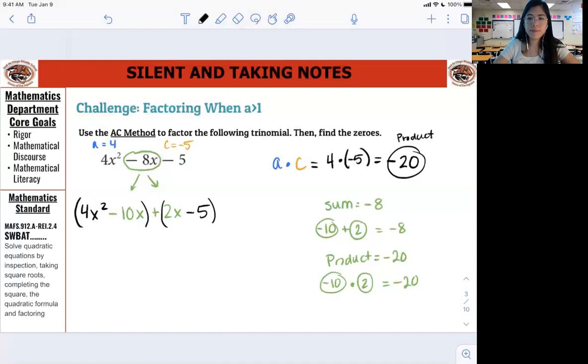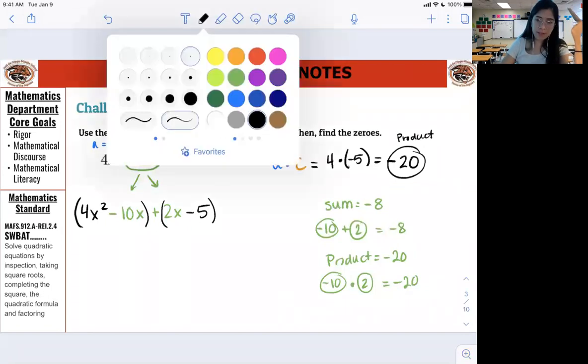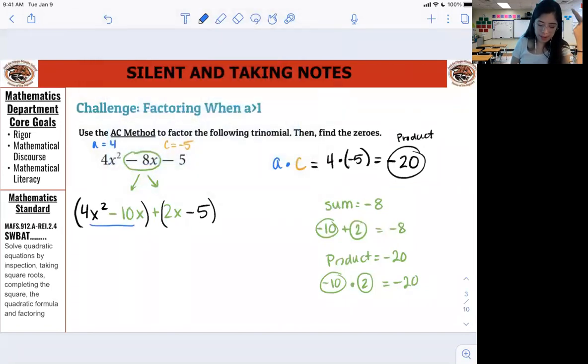They're in the same even family. So they both have 2 in common, yeah. And what else? X, good. 2 and x. So I can divide this by 2x.